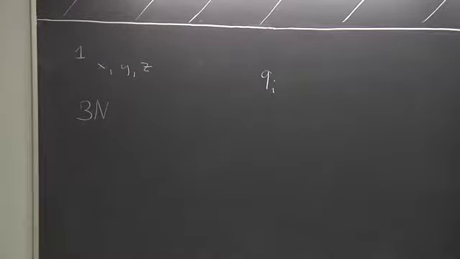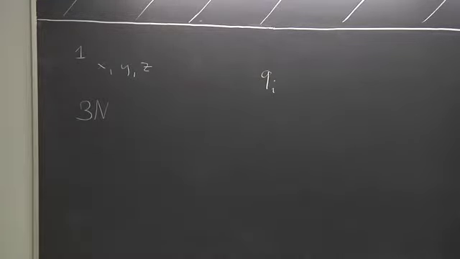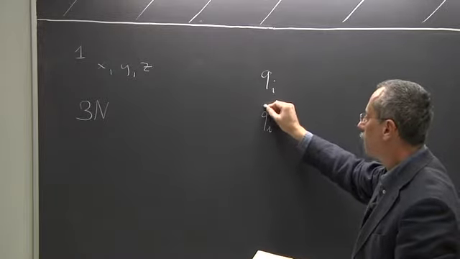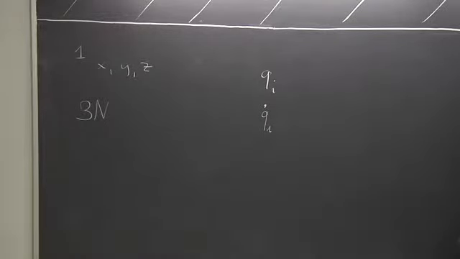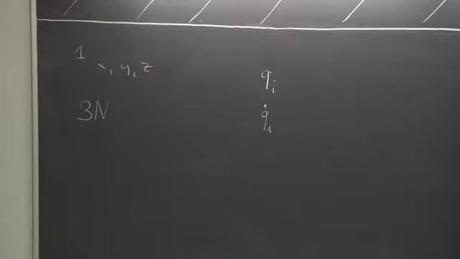And so I need a number of generalized coordinates equal to the number of degrees of freedom that I have. If I have 3 degrees of freedom, in general I will need 3 generalized coordinates to describe the system. And if I have generalized coordinates, you understand that I'm going to have an equal number of generalized velocities, which I indicate by putting the usual dot, as Newton liked to do, for the total derivative with respect to time.